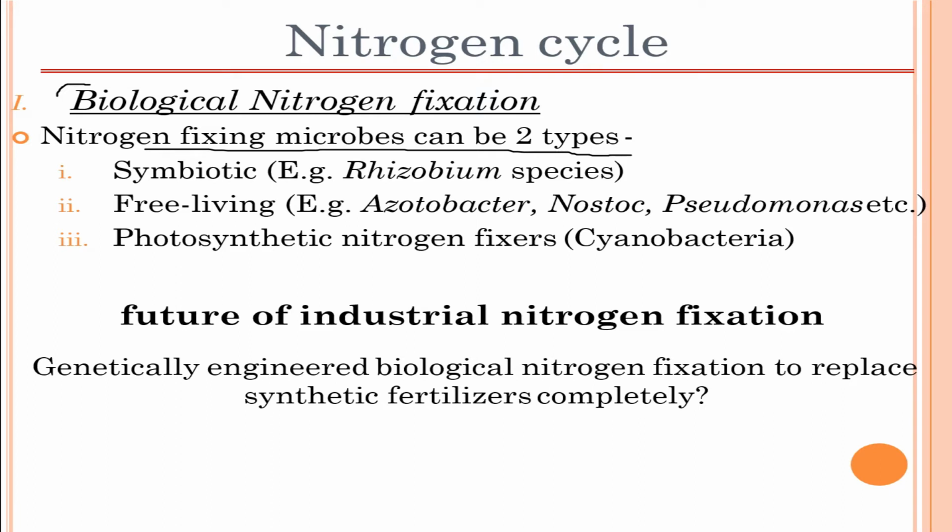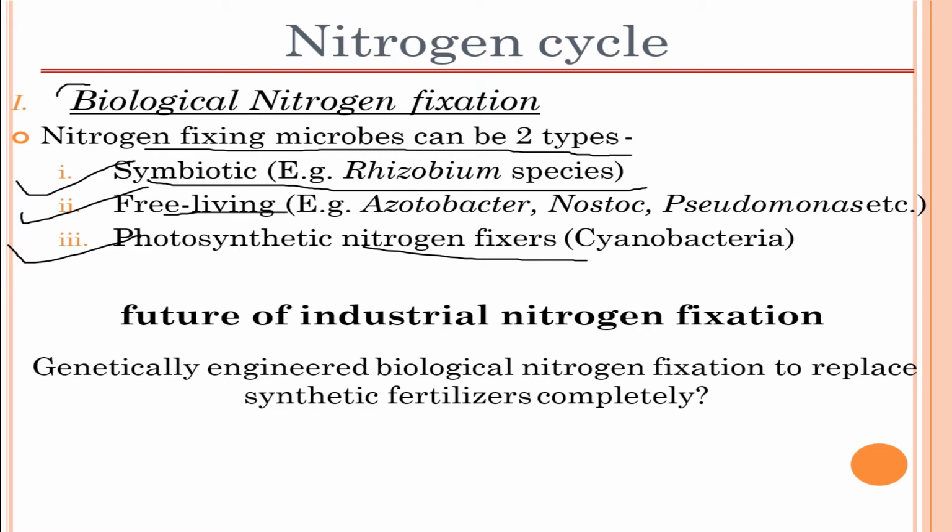The microbes involved can be of three types: symbiotic, free living and photosynthetic nitrogen fixers. Symbiotic microbes include Rhizobium species. Free living microbes can be Azotobacter, Nostoc and Pseudomonas species. Photosynthetic nitrogen fixers can be cyanobacteria.